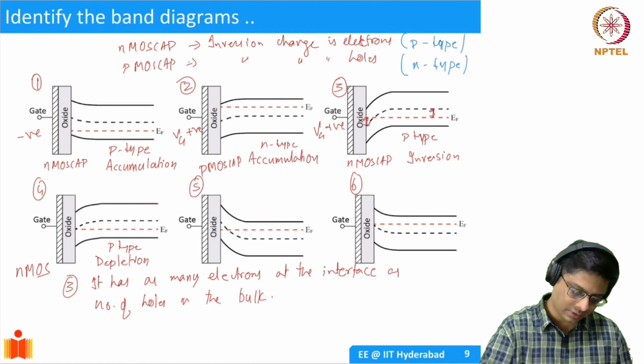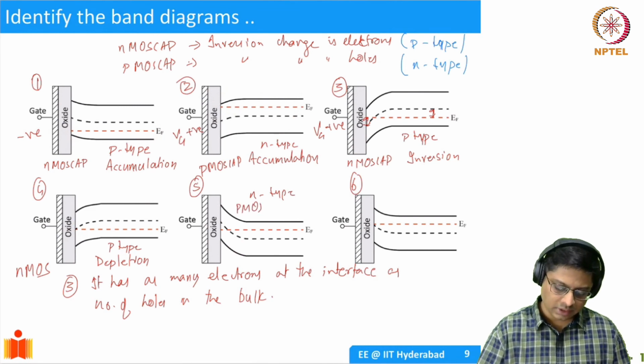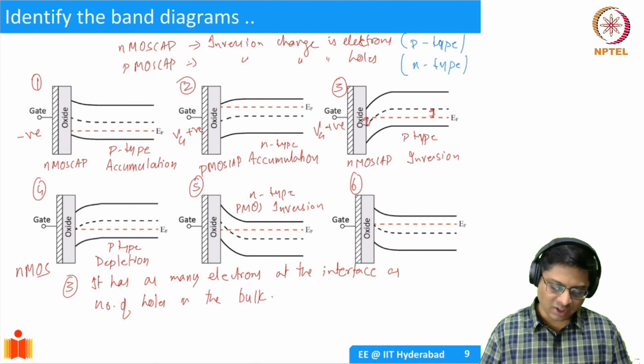Then this is an N-type substrate, so it's a PMOS device, and we are having inversion. If you want to have a PMOS device in inversion, you need to have a large negative voltage.